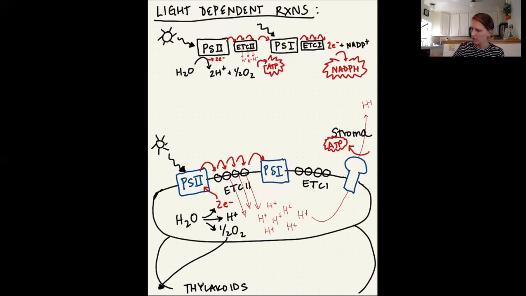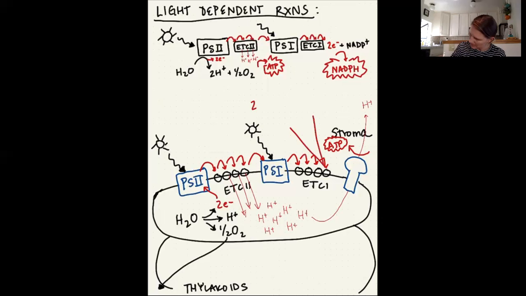They keep going. So now they're going to enter PS1, and we're going to see another photon of light. And these electrons will go through ETC1, right? Those electrons in ETC1, I'm going to kind of draw it up here.